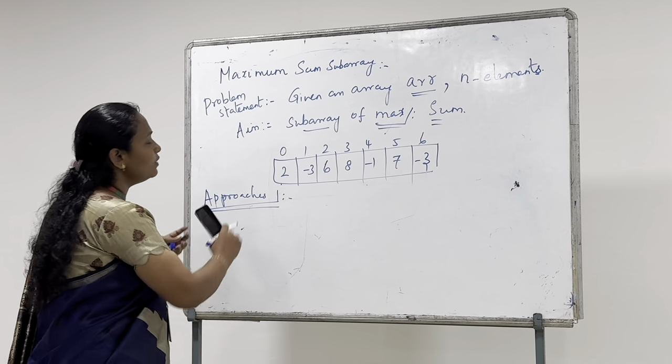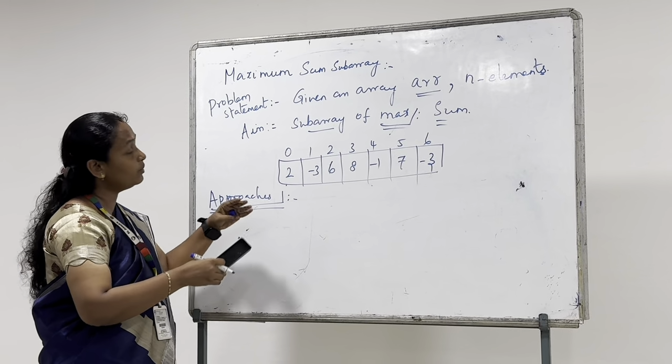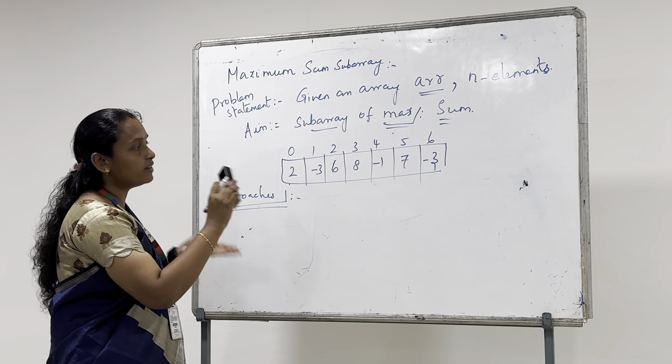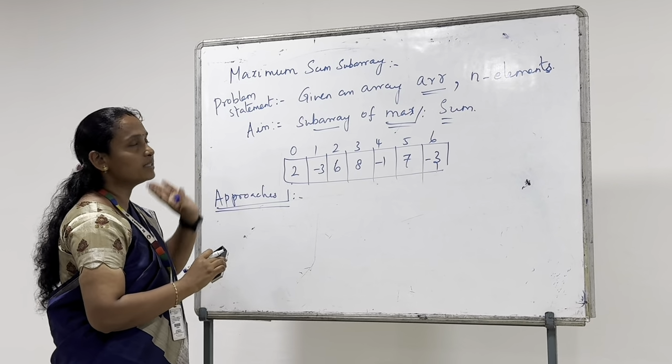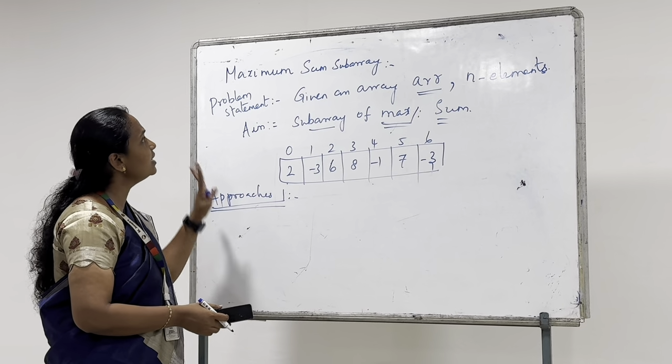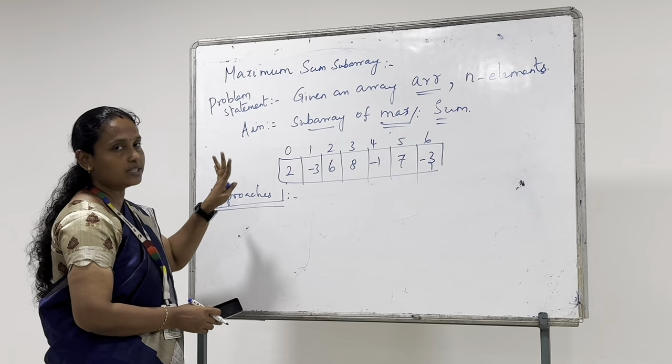Okay. So how can we implement it as code? I am going to write the routine or the function of this maximum sum subarray. I am not going to write the entire program. I am going to write only the maximum sum subarray function. Okay.